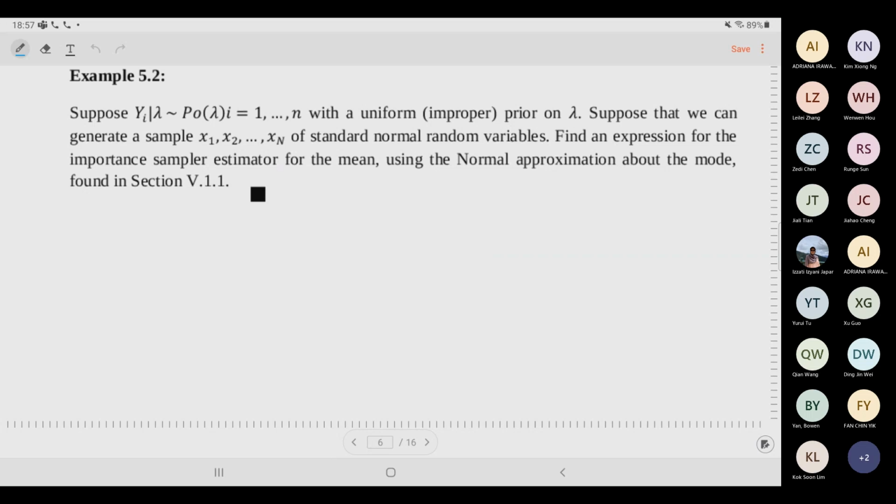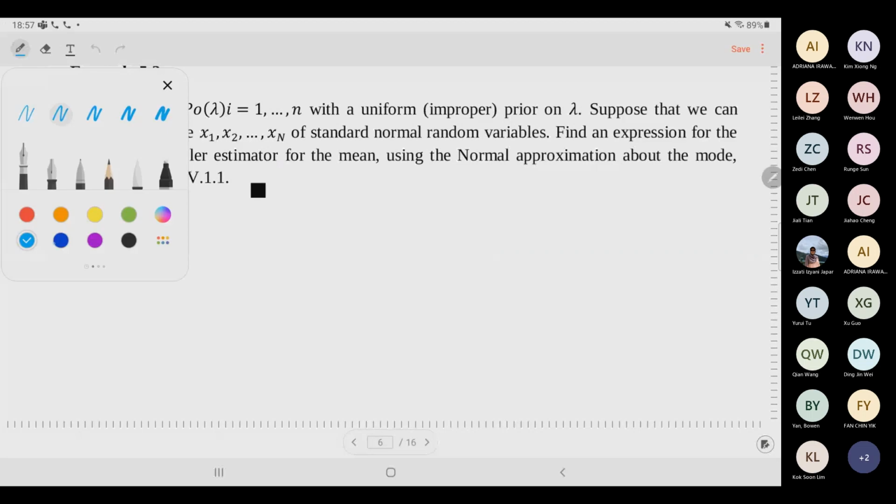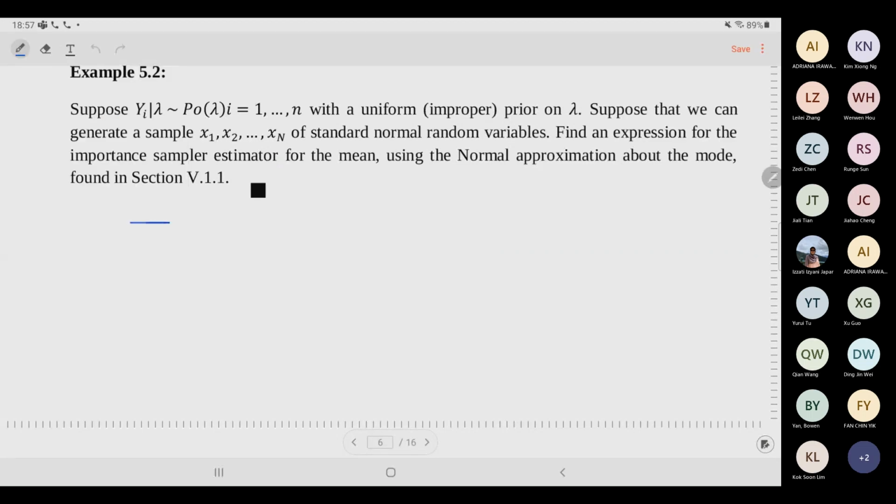But for the original P, you have to use the full PDF. So from our previous example 5.1, we know that your posterior is actually a gamma, so you can get the full PDF, which is the gamma.